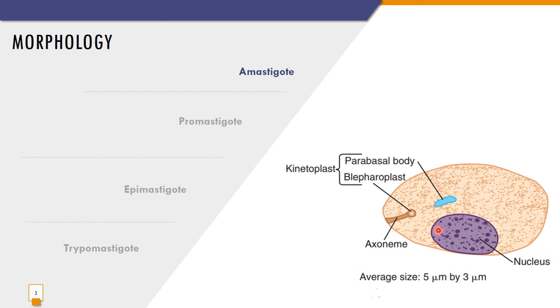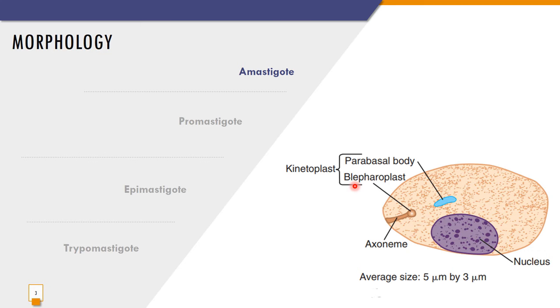The dot-like blepharoplast gives rise to and is attached to an axoneme. The single parabasal body is located adjacent to the blepharoplast. And the kinetoplast is an umbrella term often used to refer to the blepharoplast and small parabasal body.